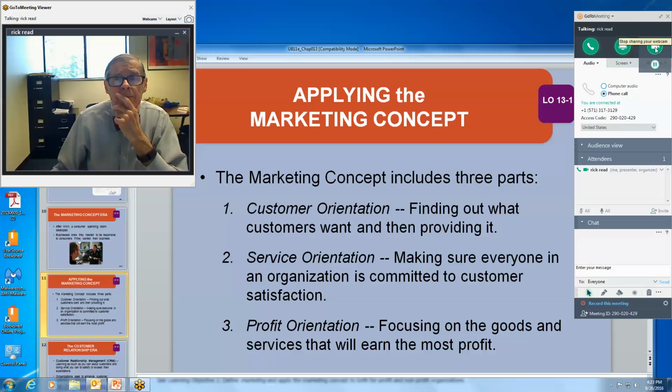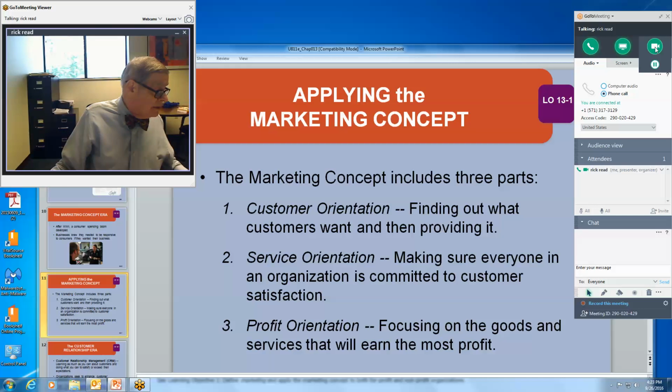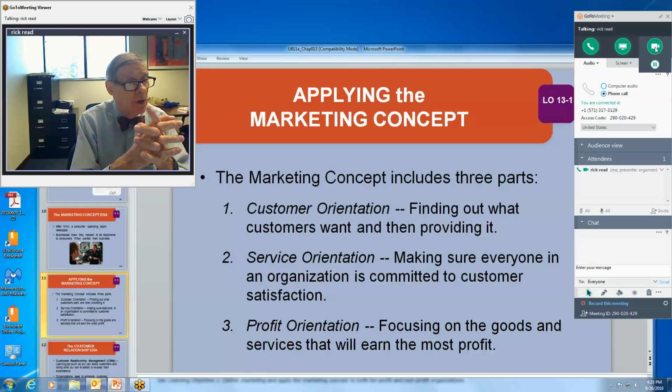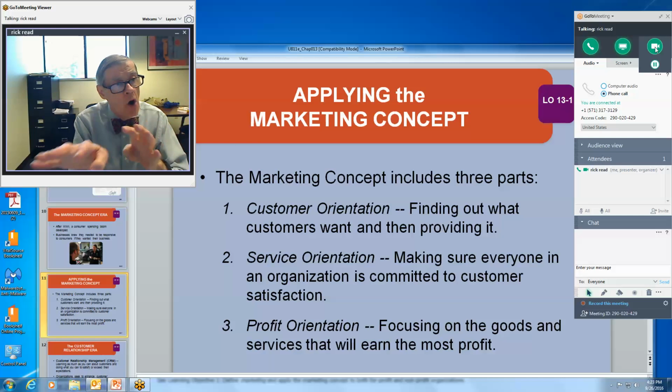So in applying the marketing concept, which really followed what we just talked about, we had to have what was known here as a customer orientation. In other words, we had to be in tune to knowing what the customers wanted. We had to have a service orientation, meaning we had to provide all the things the customer wanted besides the product.